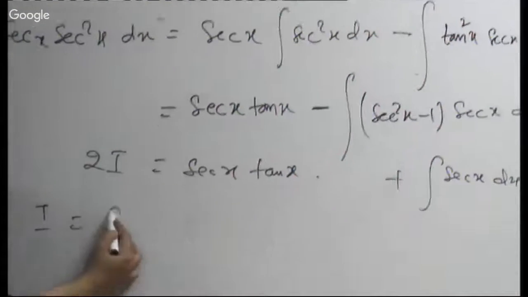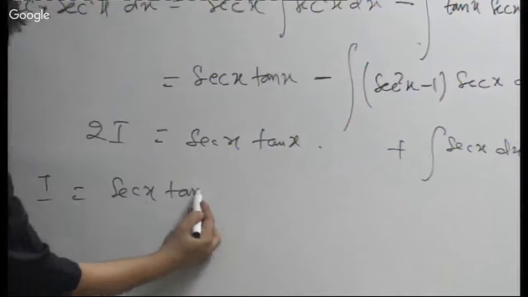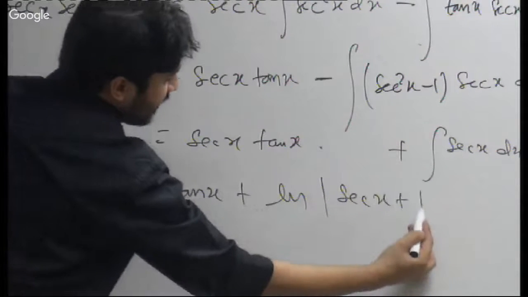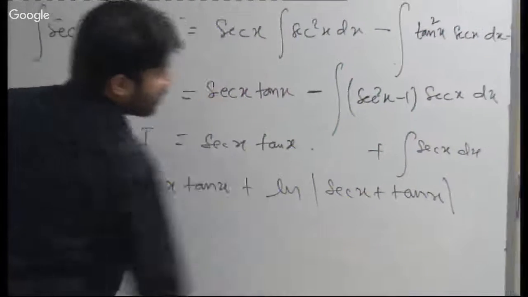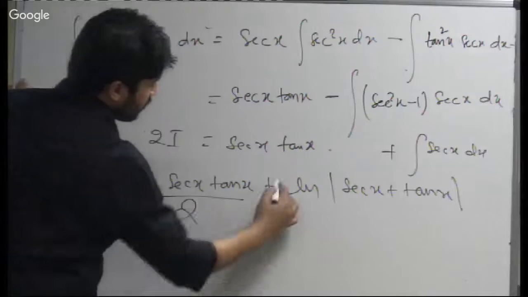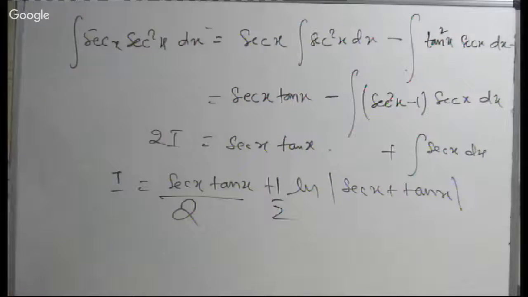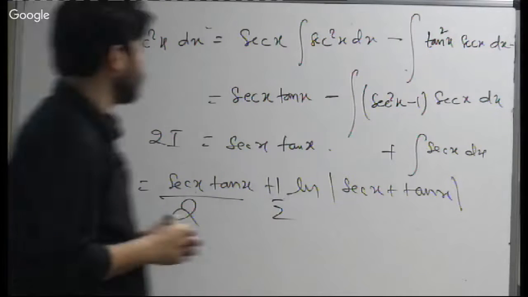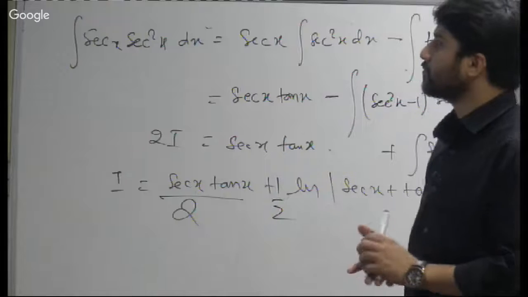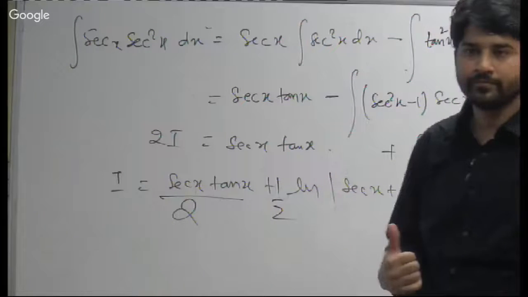So I becomes sec x tan x plus ln sec x plus tan x, that is the integral of sec x, upon 2. Clear? Done?